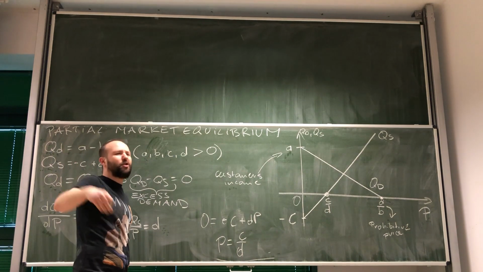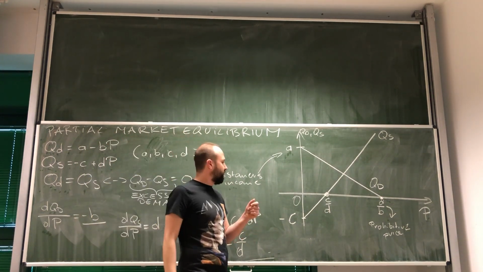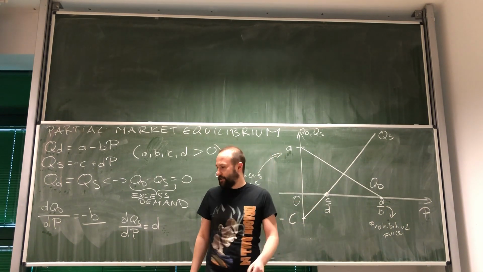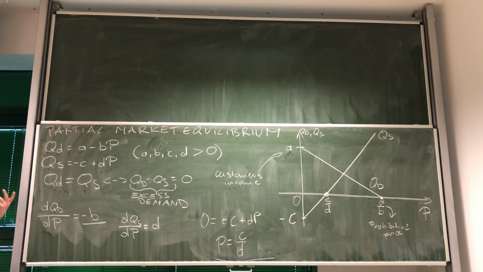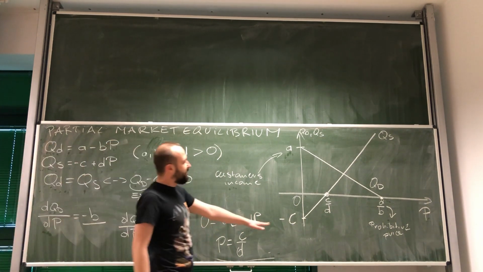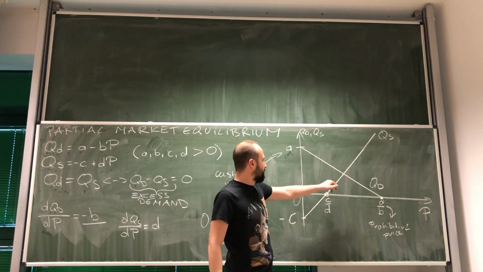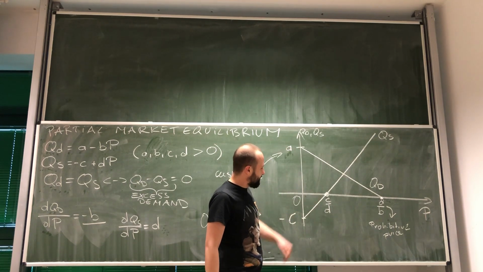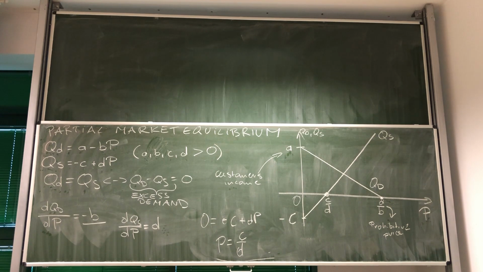Like we can say that this cost of production includes taxes or other unit cost of production, and this is our unit cost of production. Because at this point, we see that from this moment on, it's actually becoming profitable to produce. So this is the point C over D.